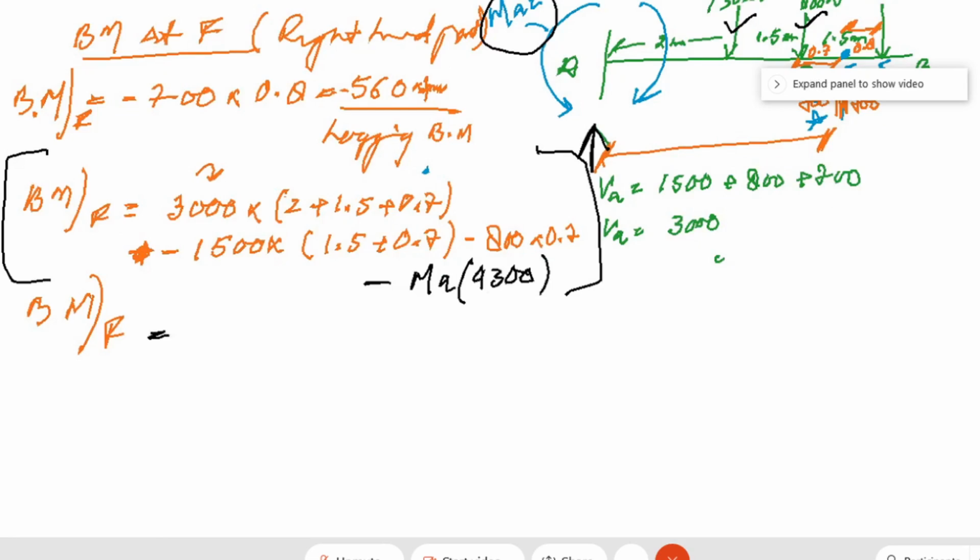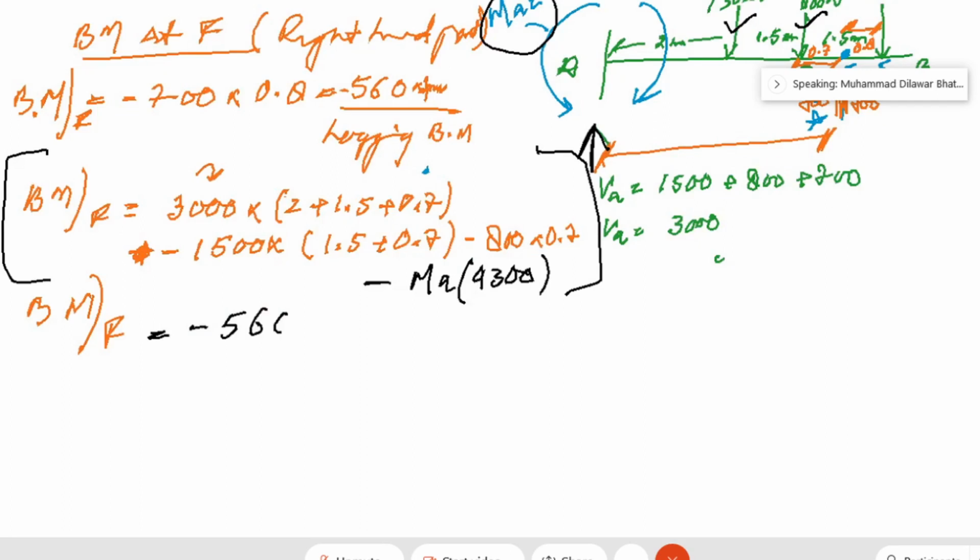Calculate the value of bending moment towards the left of F. It will be a negative value. Yes, I think negative 560.